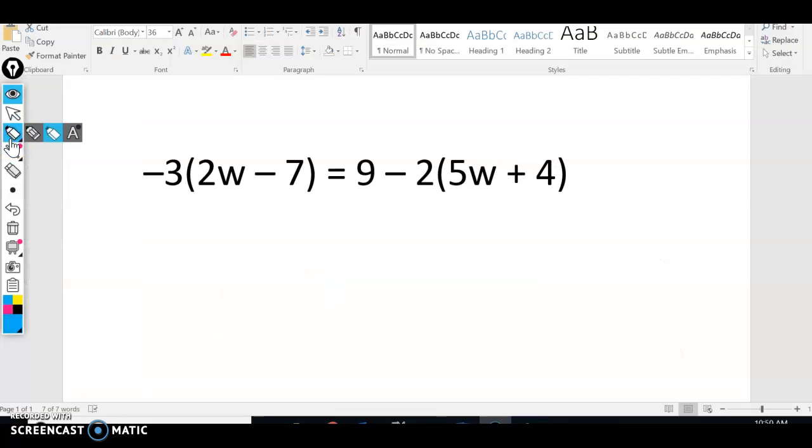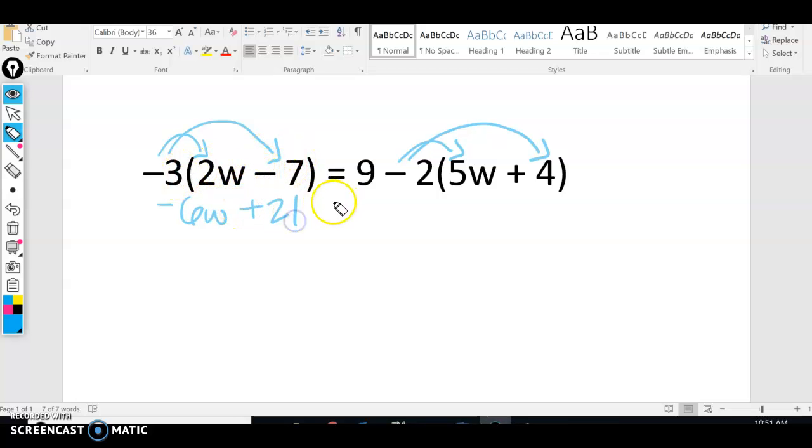Start with this first equation. The first step for solving this equation would be to distribute on both sides. Negative 3 times 2w is negative 6w. Negative 3 times negative 7 is a positive 21 equals 9.